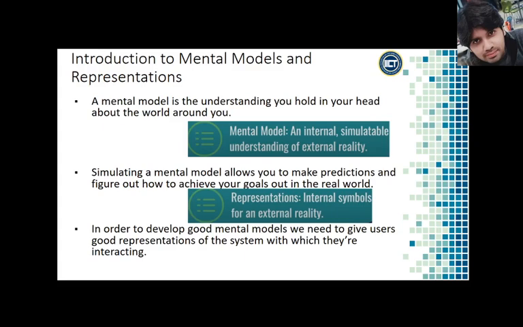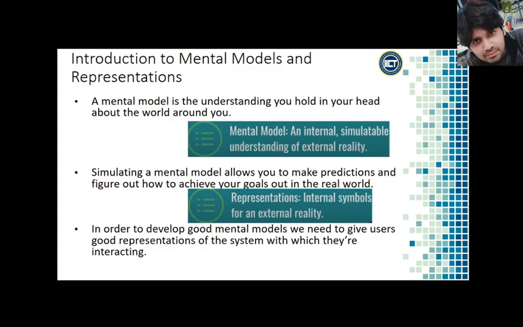We'll start by talking about mental models in general and how they apply to the interfaces with which we are familiar. Then we'll talk about how representations can make problem solving easier or harder. We'll see some examples. After that, we'll talk about how metaphors and analogies can be useful tools to create good representations that lead to accurate mental models.